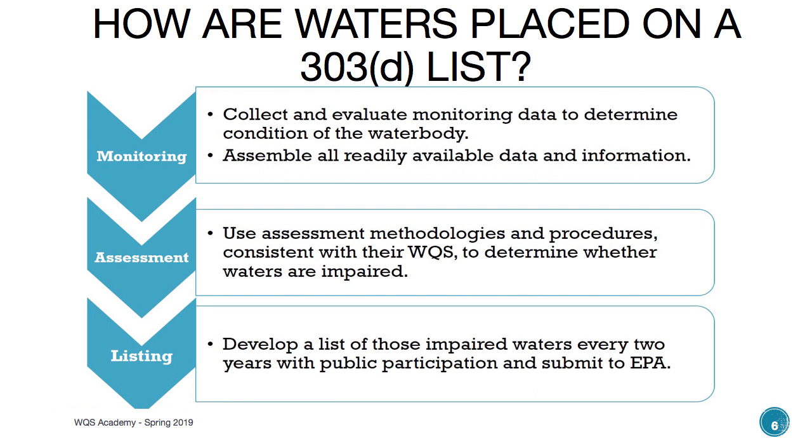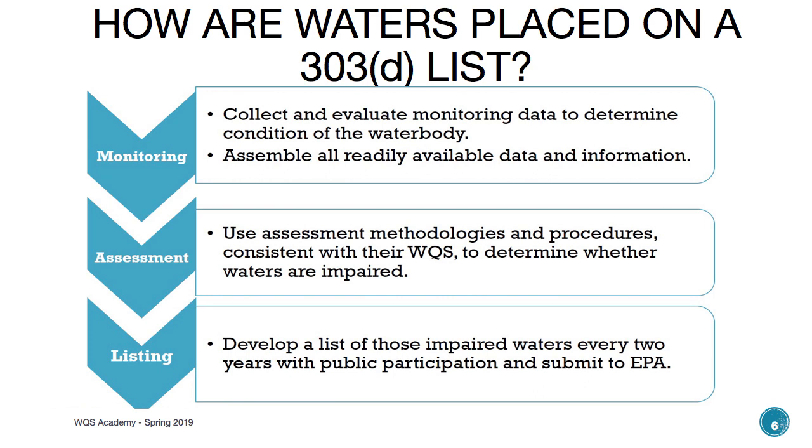So I guess the simplified answer is if you have a numeric standard or a narrative standard, if you're basically violating that standard in that water for a given pollutant, it goes on the list. So if it's nutrients, if it's a particular compound, maybe it's aluminum or bacteria, enterococci, something like that, then it gets on the list.